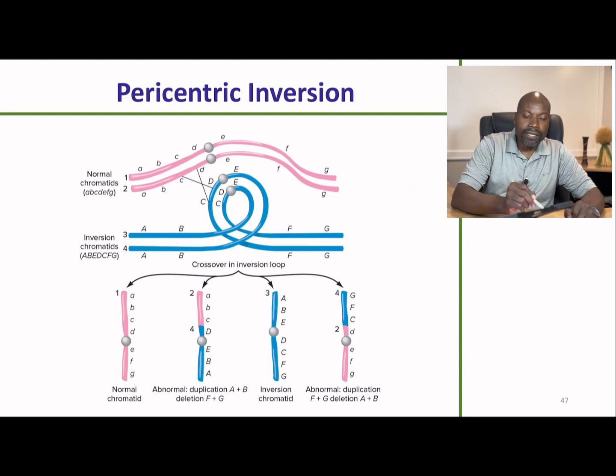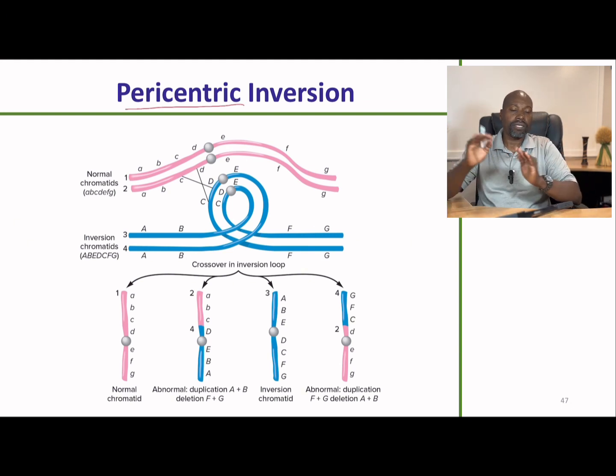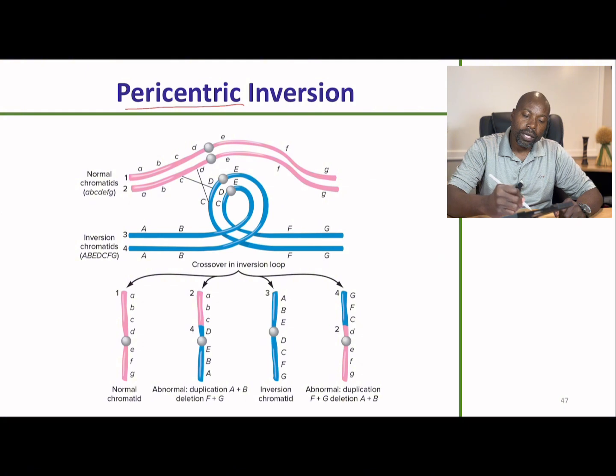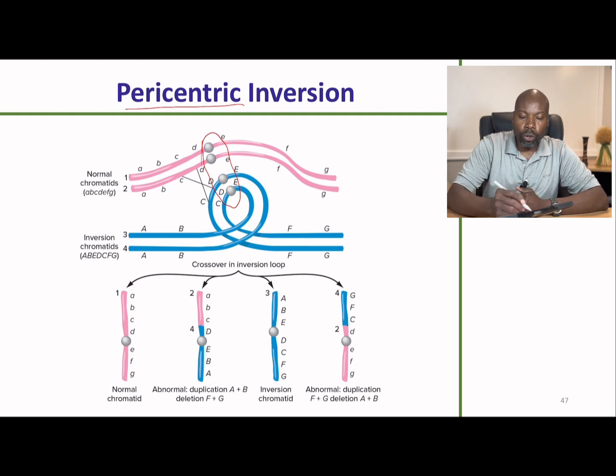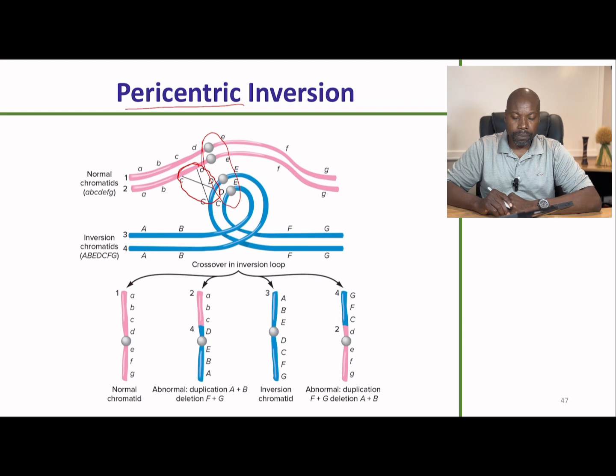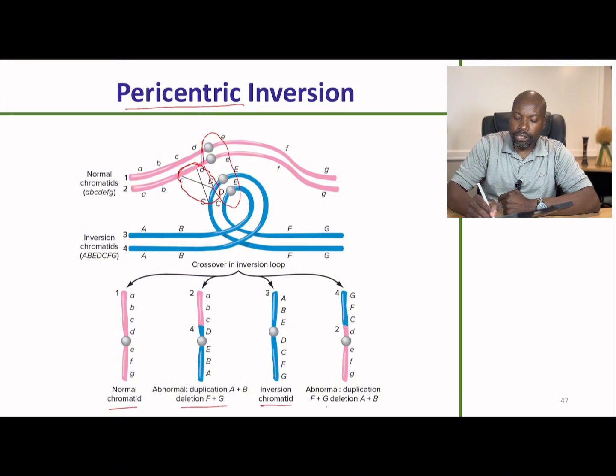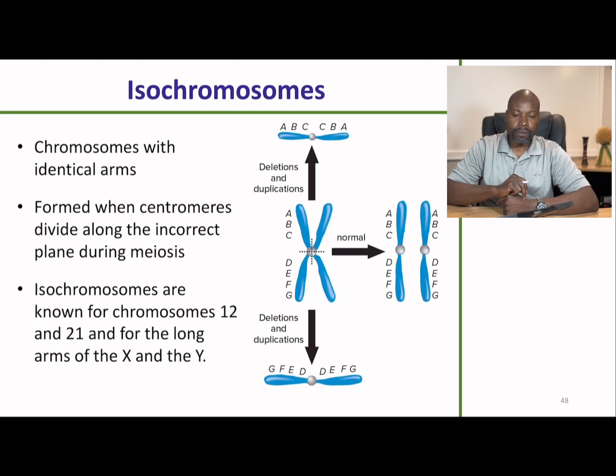We have a pericentric. Peri, it's around the center. So the centromeres are not quite at the end of the chromosome. And so where the recombination is going to happen is going to be here, so that you are going to have these different combinations for inversions. I'm not going to bug you with the details here.